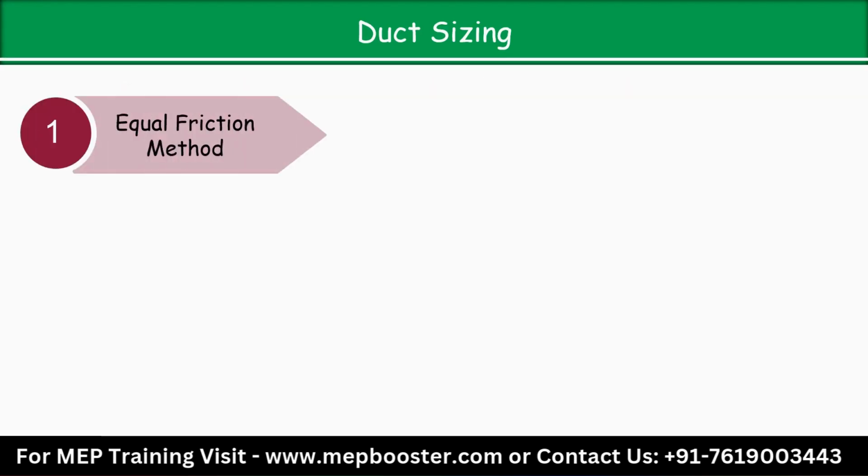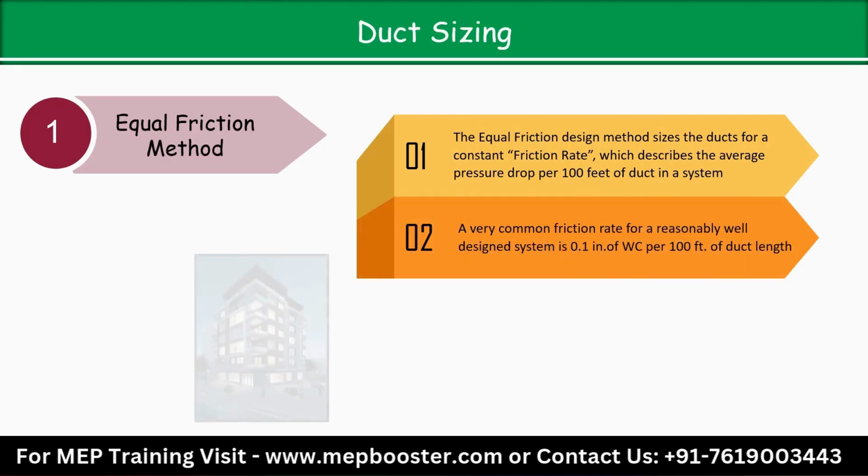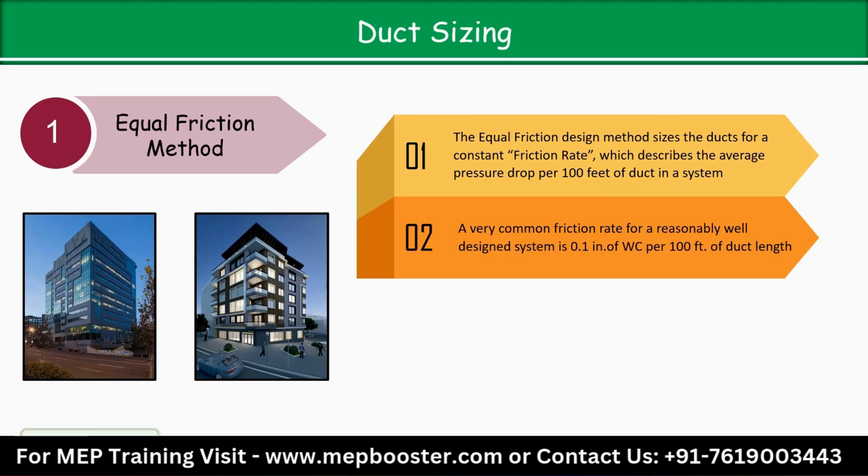So what is the equal friction method? Remember, the equal friction design method sizes the duct for a constant friction rate, which describes the average pressure drop per 100 feet of duct in a system. A very common friction rate for a reasonably well designed system is 0.1 inch of water column per 100 feet of duct length. Here you have to remember one point.